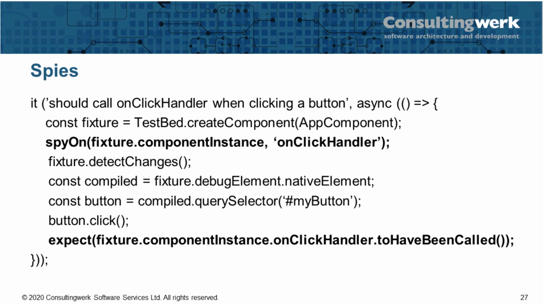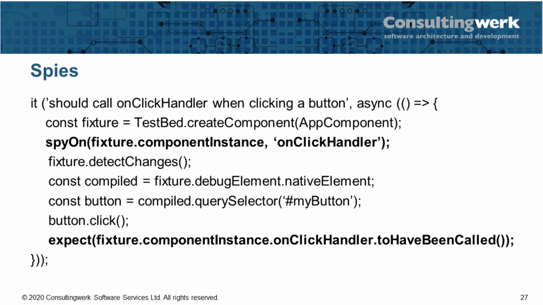So we then get the native element, which is the actual HTML element, and we do an old-fashioned JavaScript query selector for a button that has the myButton ID. And then we simply call click on the button, which normally in some browsers would not work because, with things like clicks, most modern browsers actually require a real user interaction, for good reason.